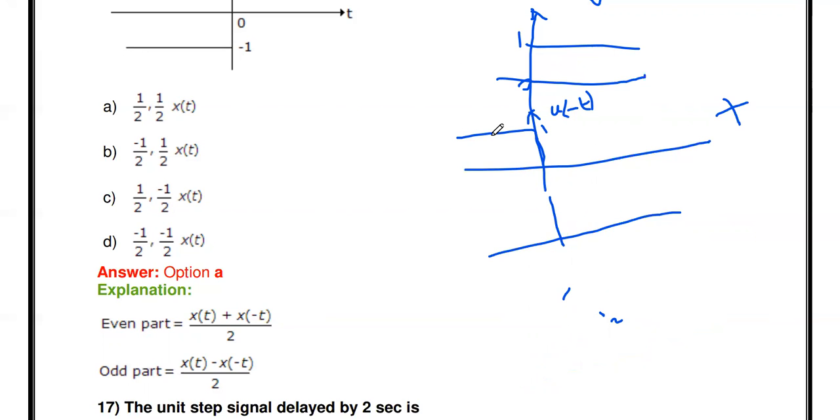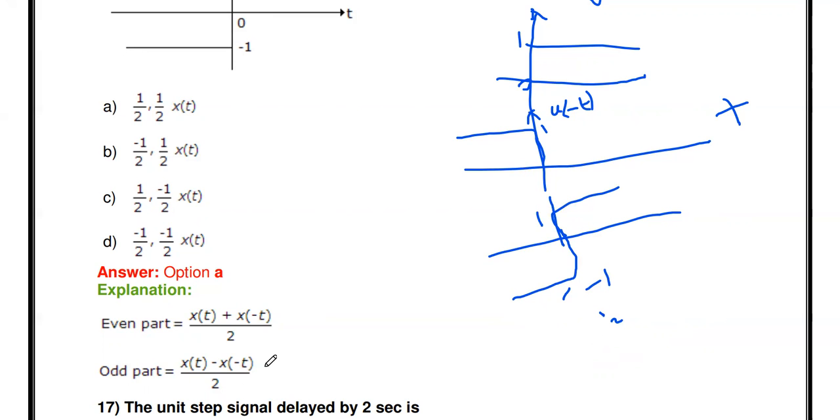So 0 minus 1, we will get minus 1. Similarly for the positive duration, here 1 is there, here 0 is there. So 1 minus 0 is 1. So plus 1. So here 1, here minus 1 we will get. This is u of t minus u of minus t.